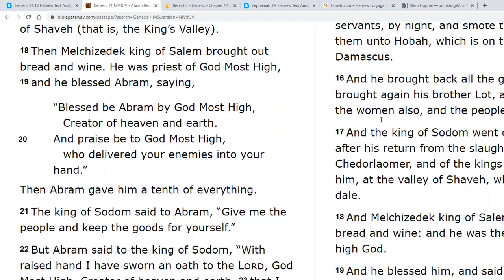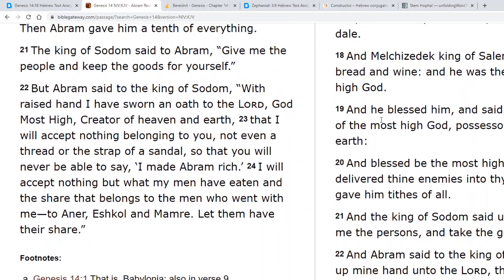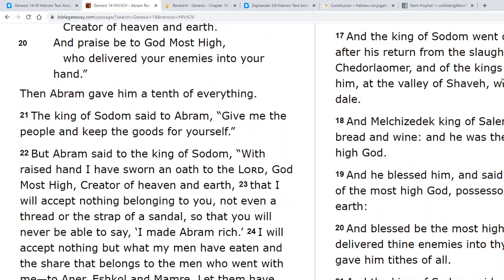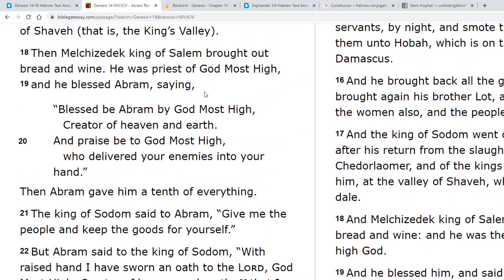King James, verse 18: And Melchizedek, king of Salem, Shalem, brought forth bread and wine, and he was the priest of the Most High God. Okay, not how I would do it. Then another translation: Melchizedek, king of Salem, brought out bread and wine. He was priest of God Most High.